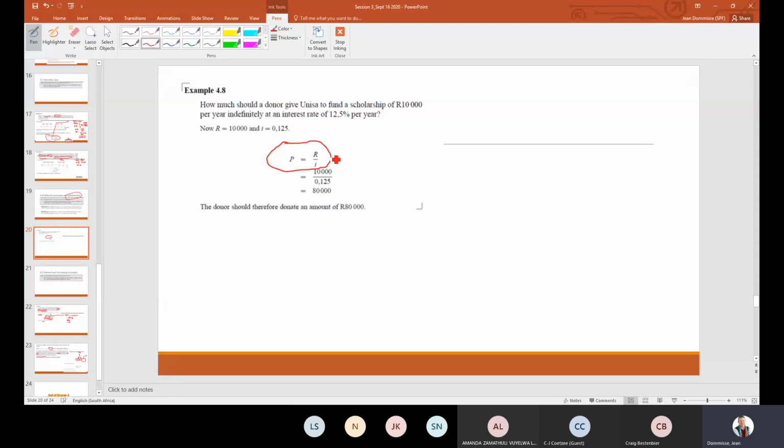They can ask it in one or two ways. They can give you the R and the I to work out the P value, or they can do it the other way around and give you the P.